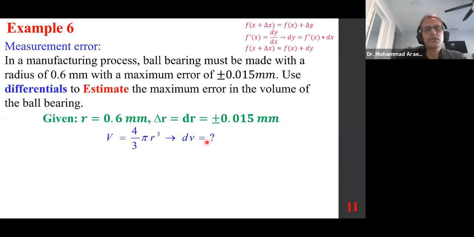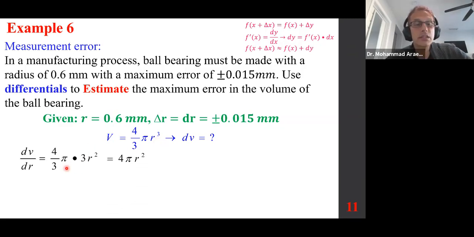First things first, let's find dV/dr, or V prime of r, which is 4/3 pi, and pi is a number. Don't touch that. Times, now r cubed gives us 3r squared. And therefore 3 and 3 cancel each other: 4 pi r squared. This is dV/dr. In this case, r is the independent variable.